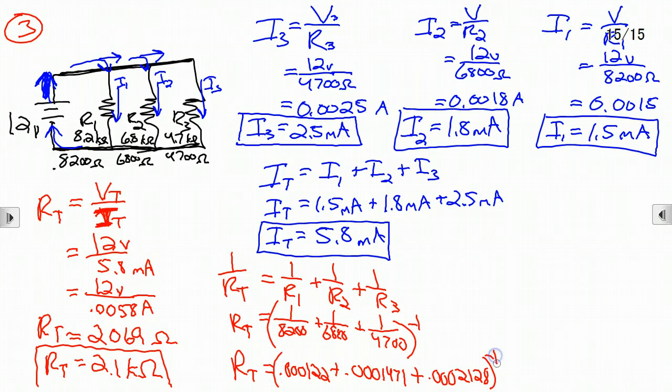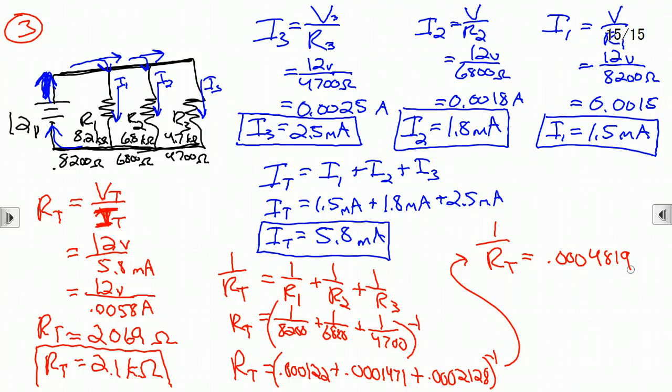Alright, go back through and add it on my simple calculator here. 0.0001471 plus 0.00012 equals, I'm going to jump up here. Right now all of that is equal to, so 1 over the total resistance would be equal to 0.0004819.